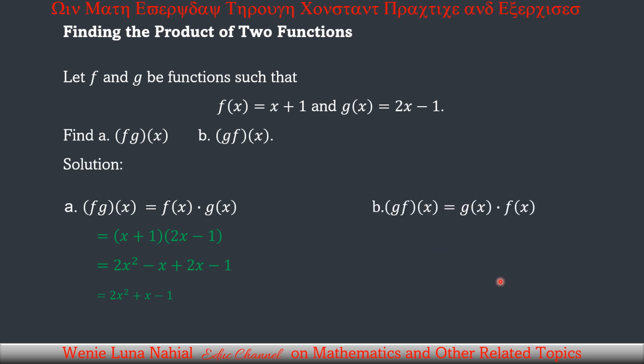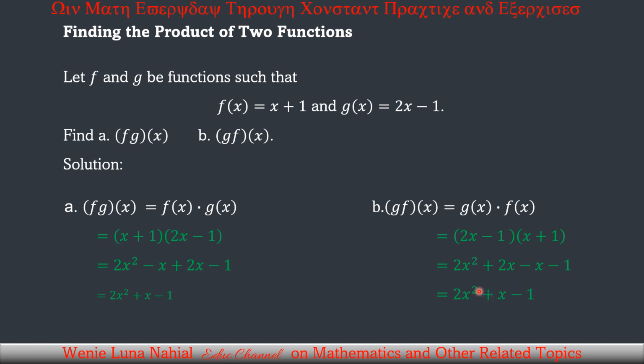Let's see for the other one, g f of x. So you have g of x times f of x. Then substitute g of x by 2x minus 1 and f of x by x plus 1. So again, applying the FOIL method, 2x times x, you have 2x squared. Then 2x times 1, that is 2x. Then negative 1 times x, negative x. Negative 1 times 1, that is negative 1.